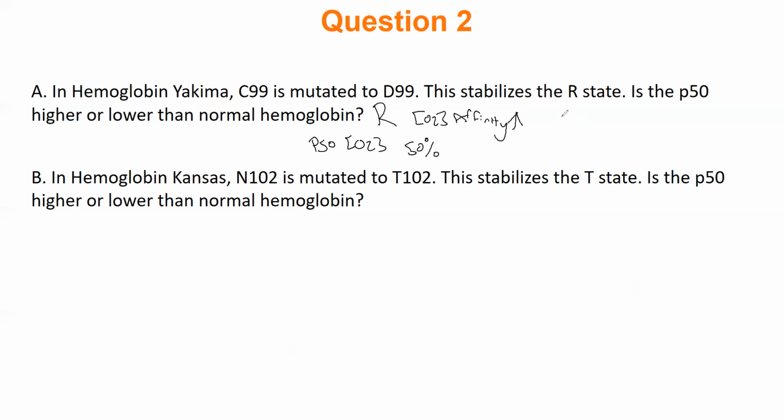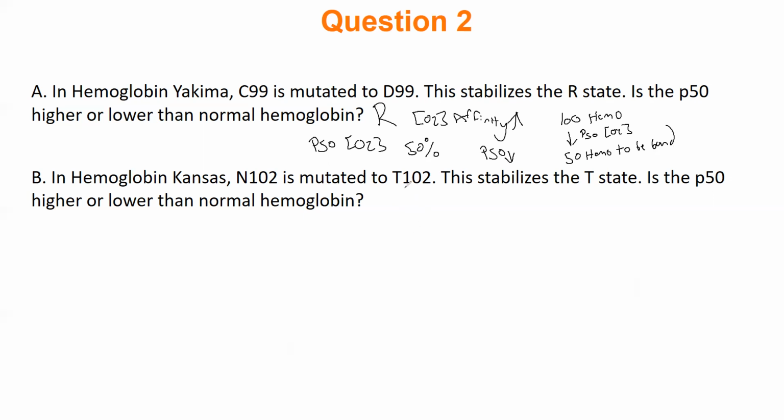So if I had 100 hemoglobins, P50 is the pressure of oxygen for 50 of those hemoglobins to be bound by oxygen. That's P50. Therefore, if my oxygen affinity increases, P50 goes down. Because if I want to bind oxygen more, it takes less oxygen to be 50% bound, because it's easier to do.